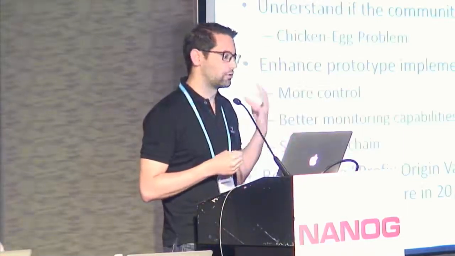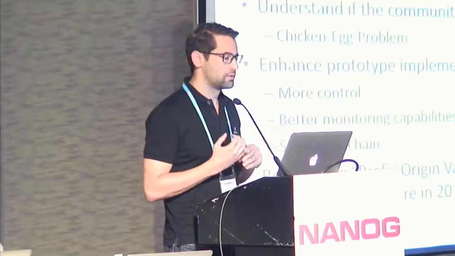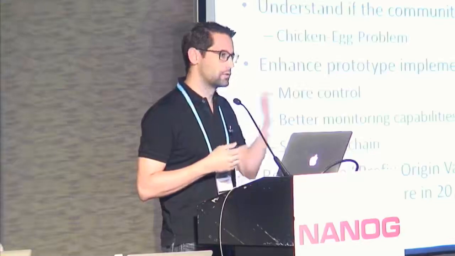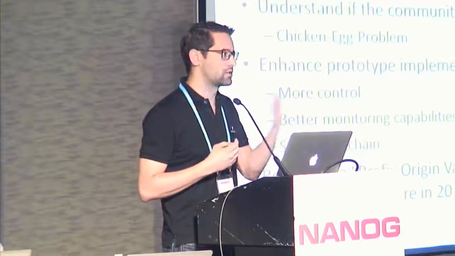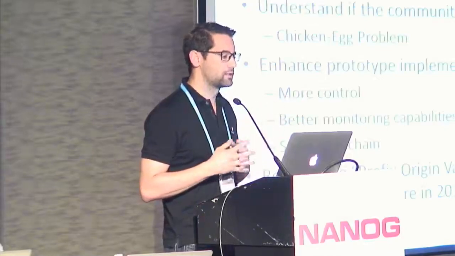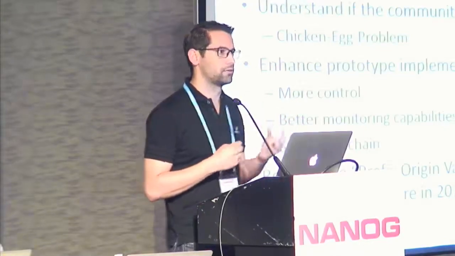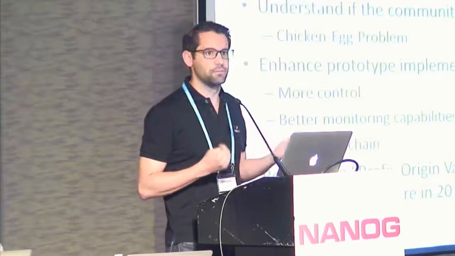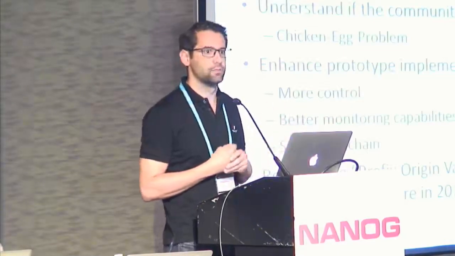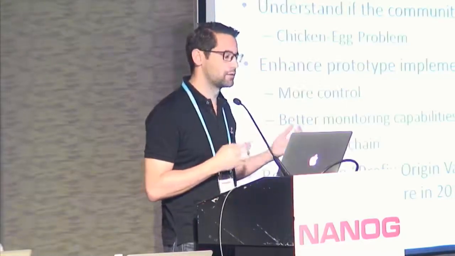Proof of concept is easy. We want to provide more control for customers and better monitoring capabilities, so that if you use this service at the IXP, you don't just get a prefix annotated with invalid, but you can really look into it and debug it, through the looking glass or whatsoever, to understand why things don't work.